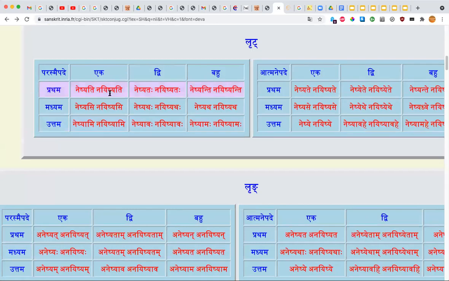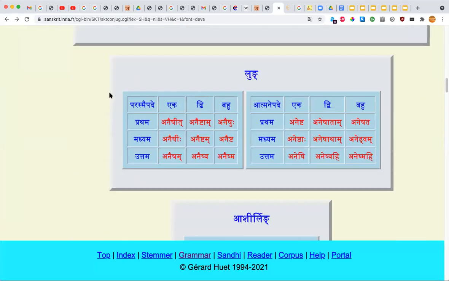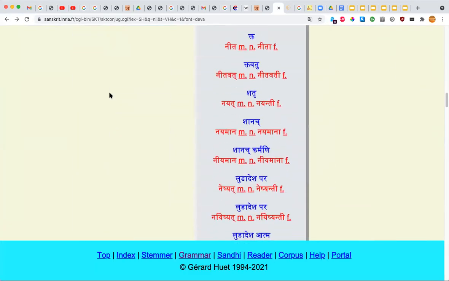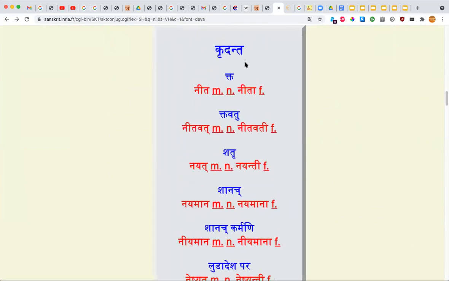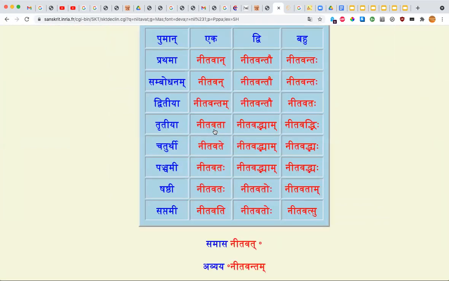And lut lakara, bhavishyat kala. And then if you keep scrolling down, look at the section called Krudanta. There you will find the Tavatu form. Tavatu form is a Bhutakala, the first type of Bhutakala that we studied. So if you click on M, it will give you the Bhutakala Rupam for Pumlinga.